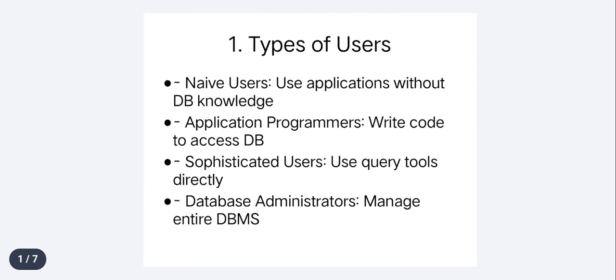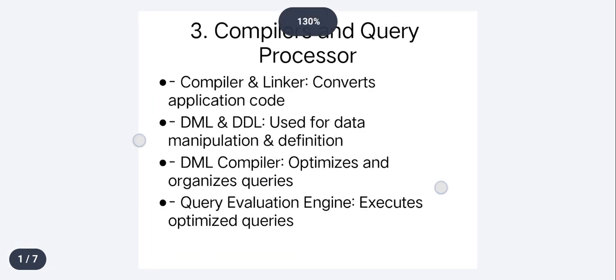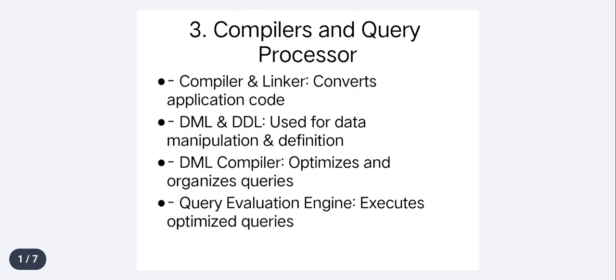Let's see them one by one. First one is a compiler and linker. It converts the application code. Means it converts the high level code of the application programmer into an object code. This object code can interact with the DBMS through compiled queries.